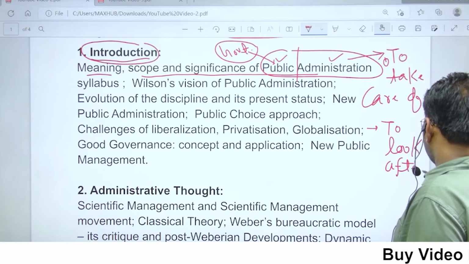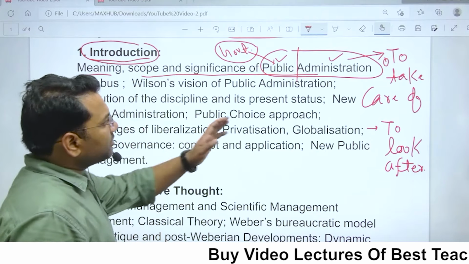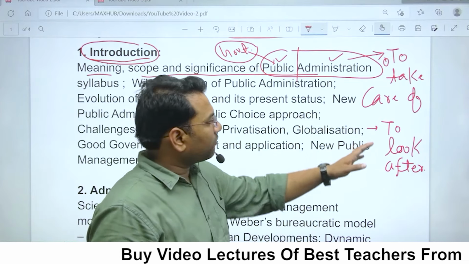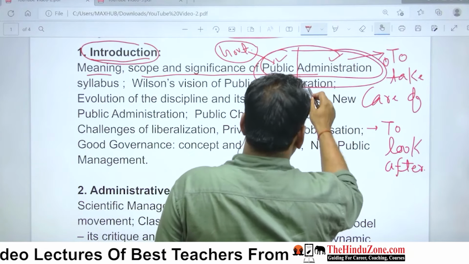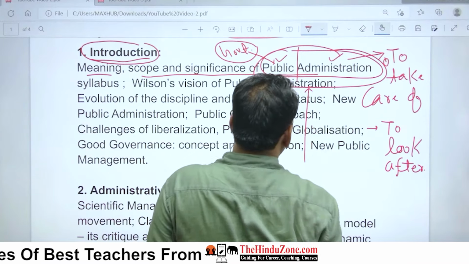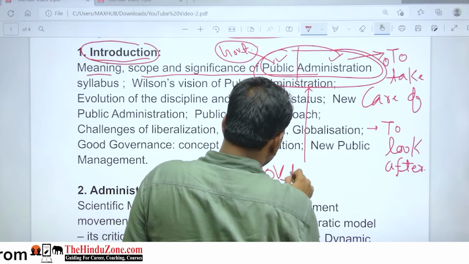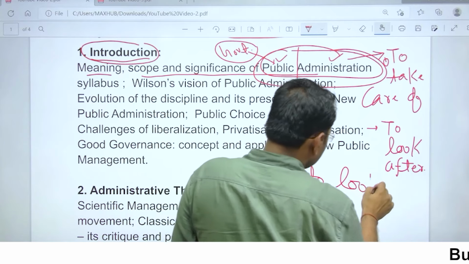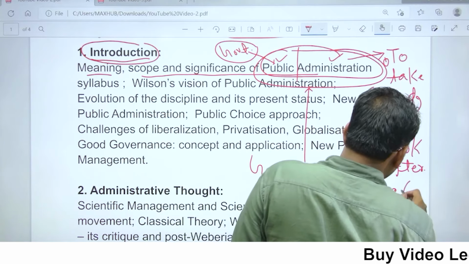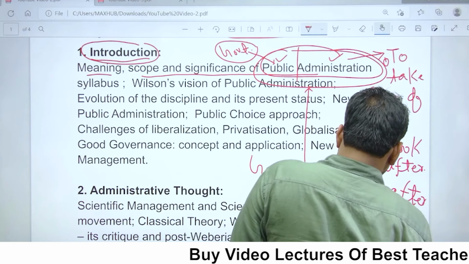So here public means the government, and administration means to take care of, to look after. If we go by the complete meaning of public administration, then it is the government to look after the people, or care for the people.